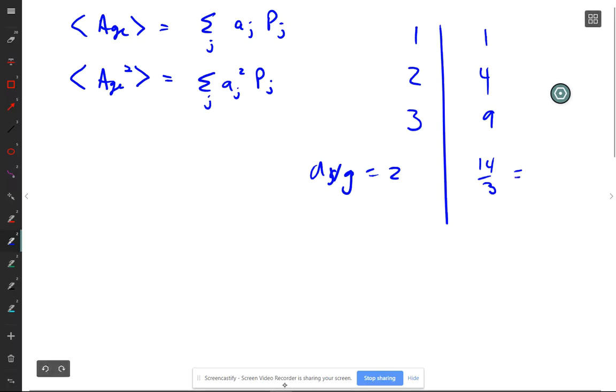It's 4.66 repeating. And so the average of the squares is always going to be bigger than the square of the average, or it could be equal in the extreme case. But nevertheless, why do I do that?